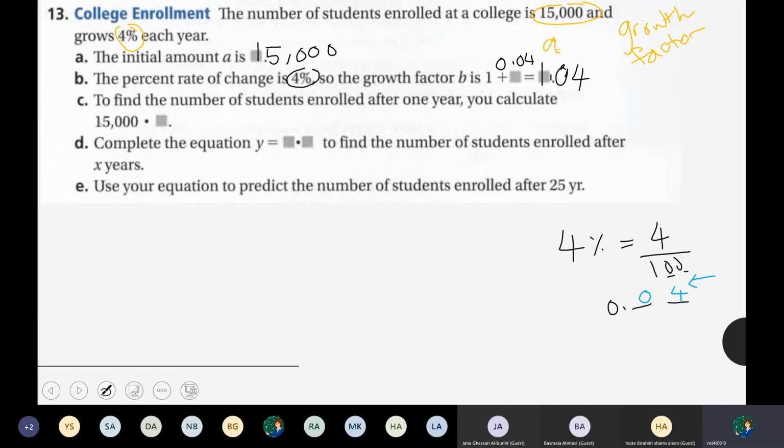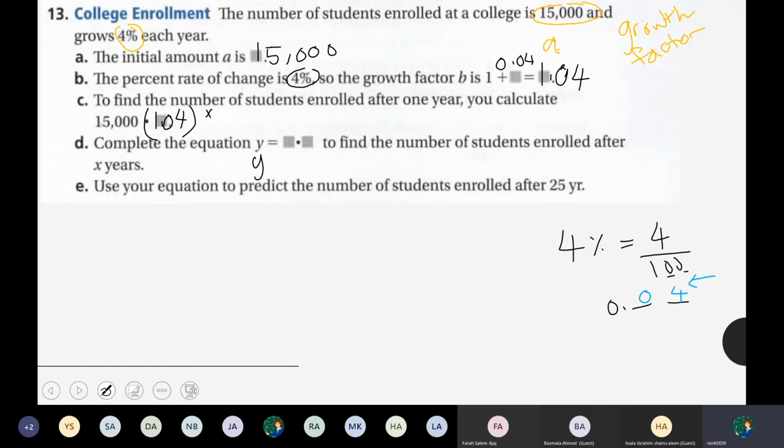Now, to find the number of students enrolled after 1 year, you calculate 15,000 multiplied by what? Here you have 1.04 to the power of x. Complete the equation.